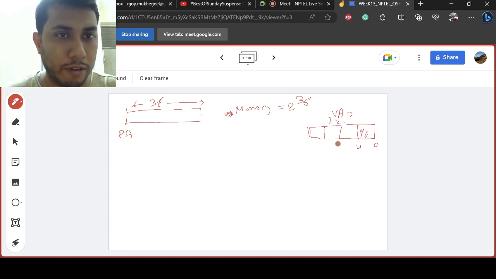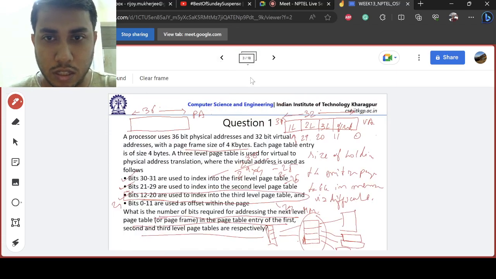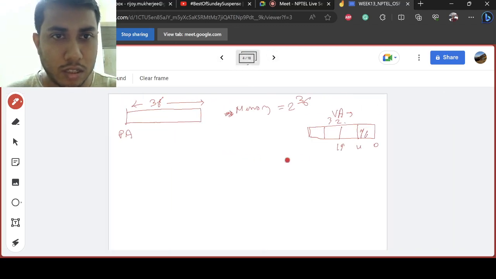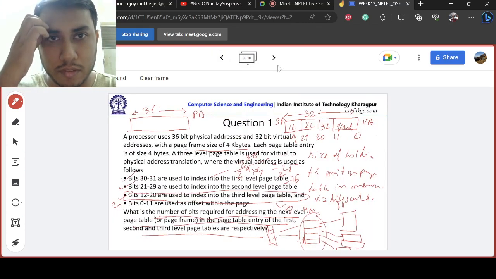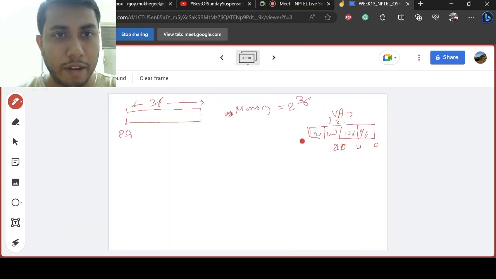Next is 12 to 19 and 20 to 31, which are your third level, second level, and first level, right? First, second, third.